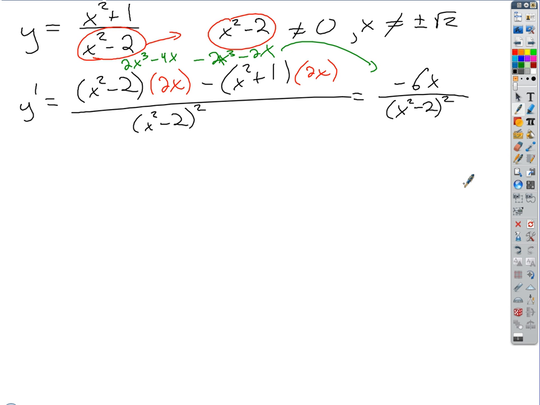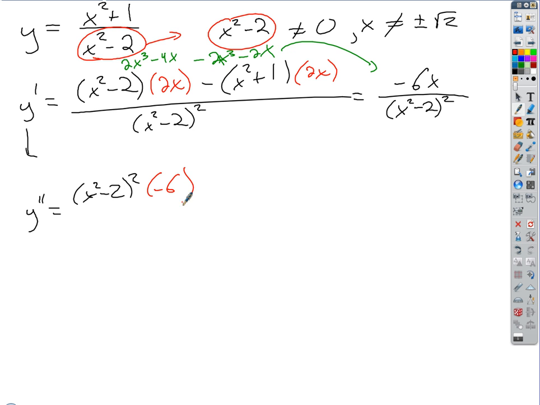We'll leave some room to do some stuff with that derivative, find critical numbers, and let's move down to y double prime. Okay, how do I differentiate that one? Same, quotient rule. Lucas, help us out. We've got to differentiate this. What am I going to get? Good.